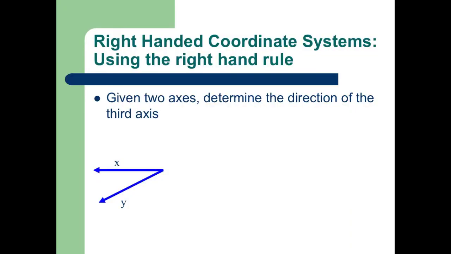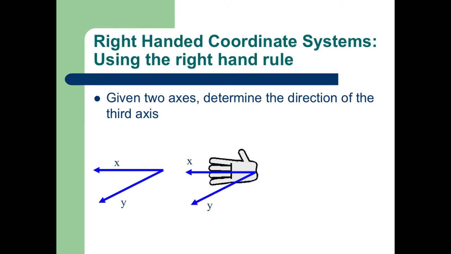Let's look at another example. Here's an X and a Y axis. And of course, there's a lot of ways that we could point our hand so that our fingers are pointing in the X direction, but if our thumb were down, then our palm, if that's our right hand, is going to be facing away from Y. But we don't want to do that.